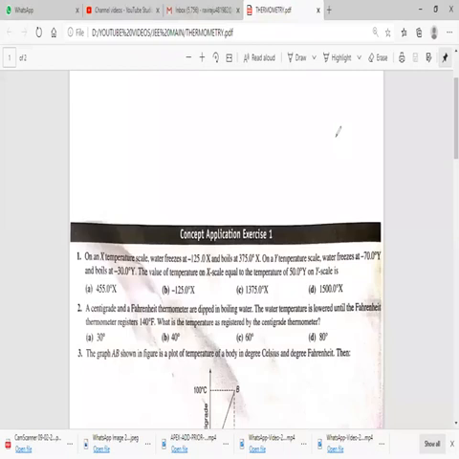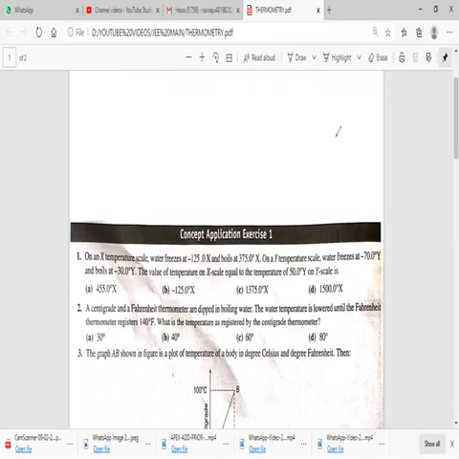Now go to the second question. A centigrade and a Fahrenheit thermometer are dipped in boiling water. The water temperature is lowered until the Fahrenheit thermometer registers 140 degree Fahrenheit.